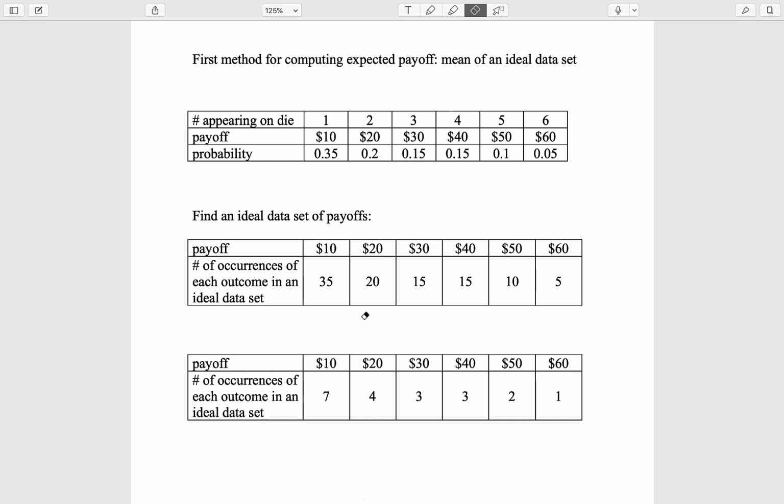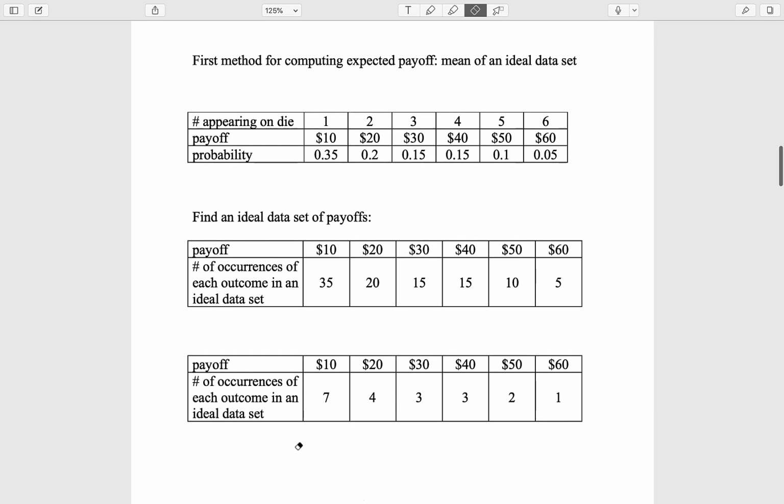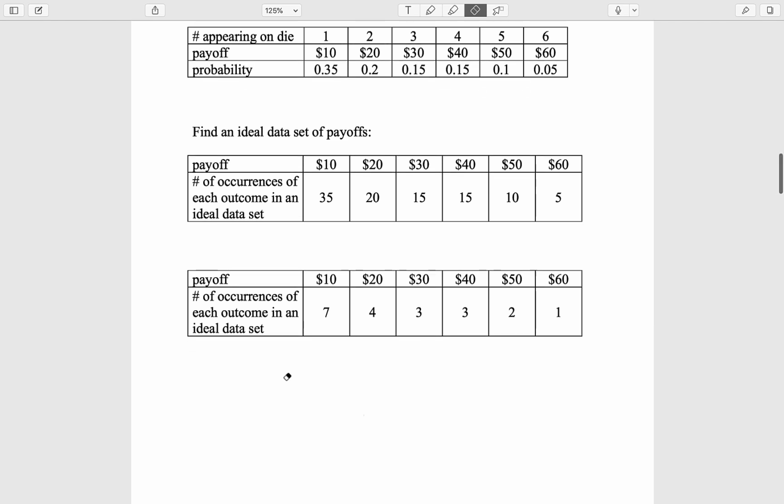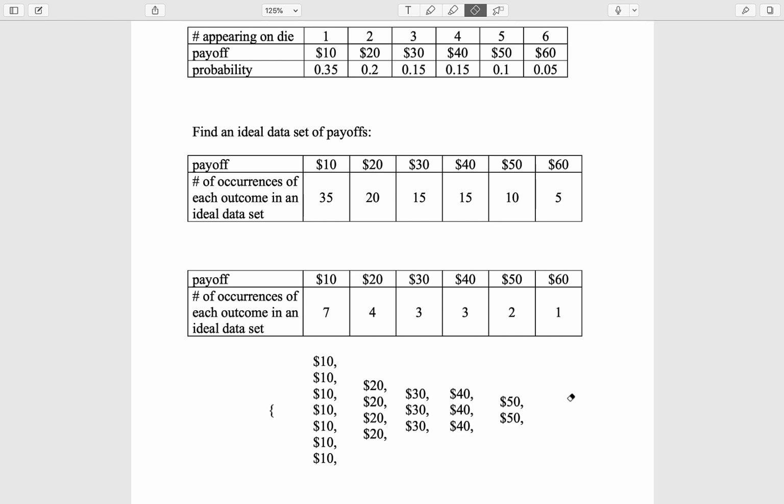So if we divide all of them by 5, we reduce the size of our ideal dataset from 100 rolls to just 20 rolls. To be clear, this means that in an ideal set of 20 die rolls, perfectly representative of what happens in the long run, there are 7 copies of $10, 4 copies of $20, 3 copies of $30, etc., all the way up to 1 copy of $60.